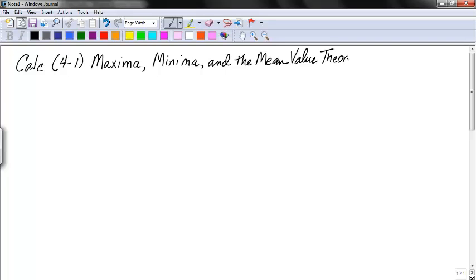Okay, on page 259, it starts section 4.1, and this whole chapter is on applications of derivatives. If you go all the way back to the beginning of the year when we talked about doing complete graphs, if they said draw a complete graph, we talked about you must show all the x and y intercepts.